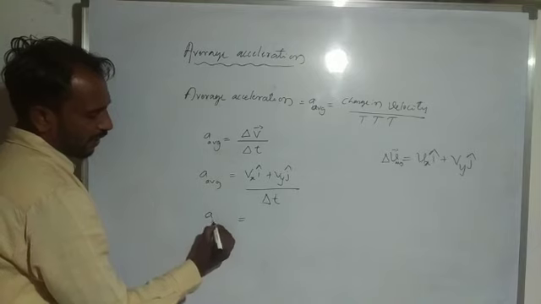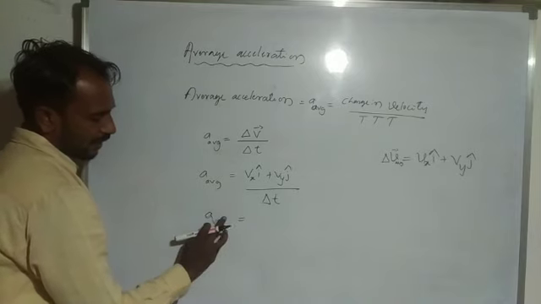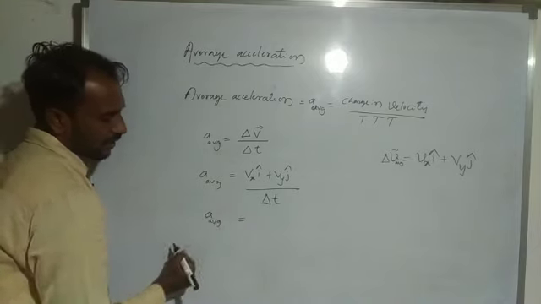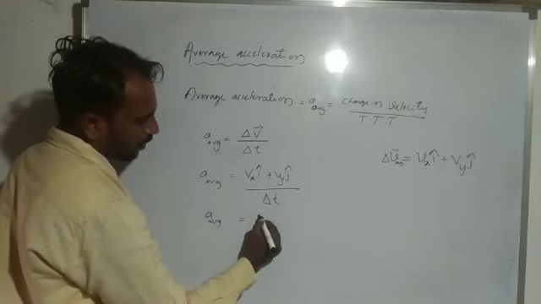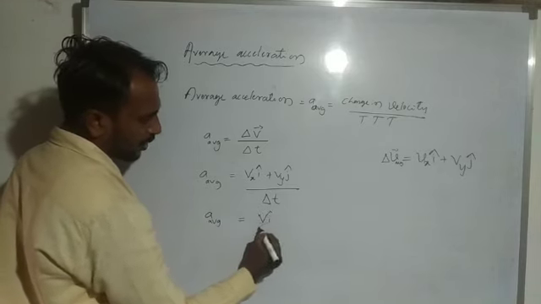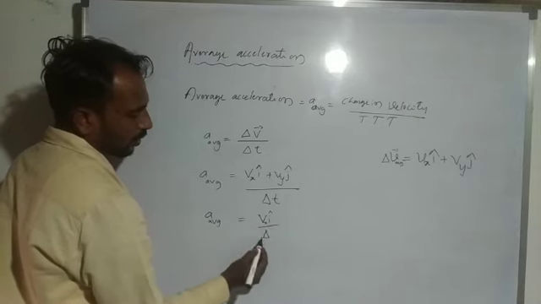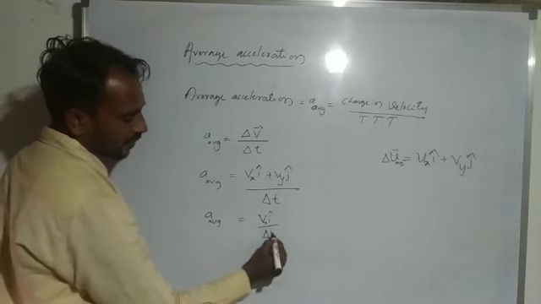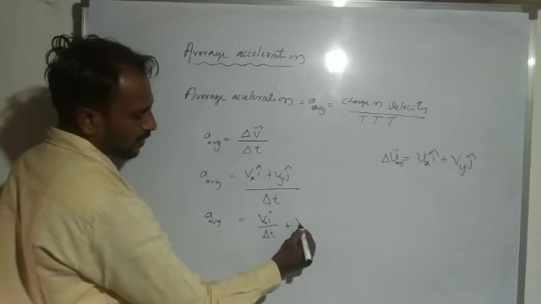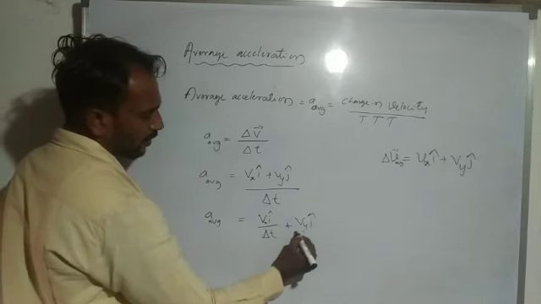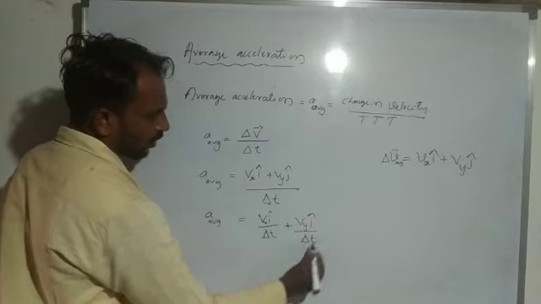So average acceleration is equal to, I will split this equation, velocity along the x-axis divided by time plus velocity along the y-axis divided by time.